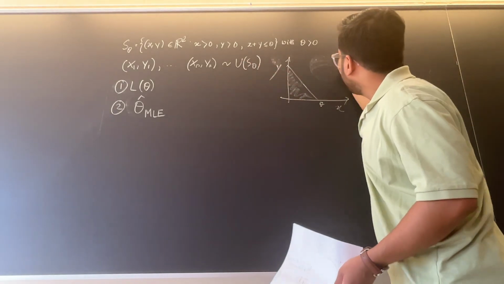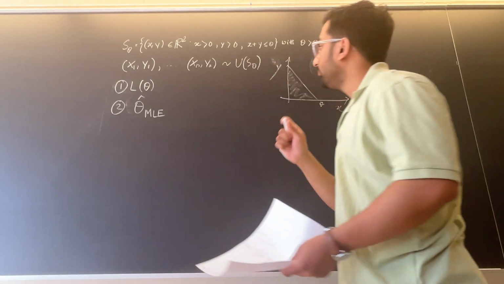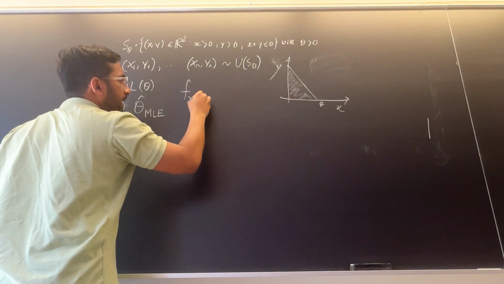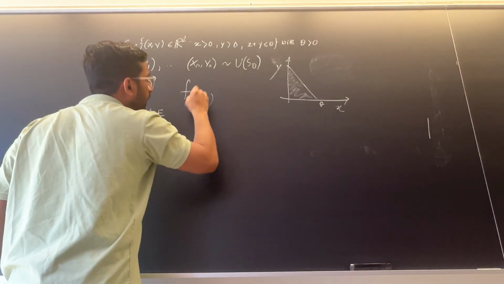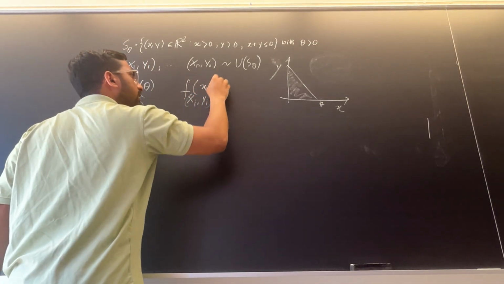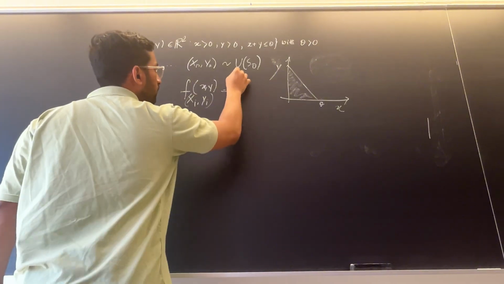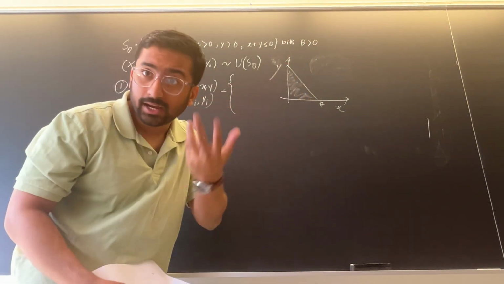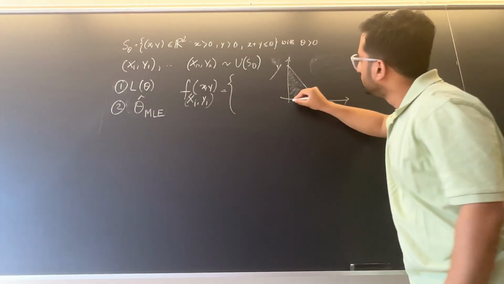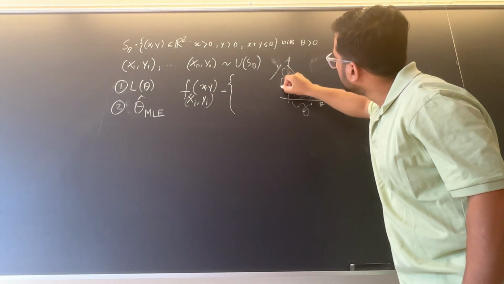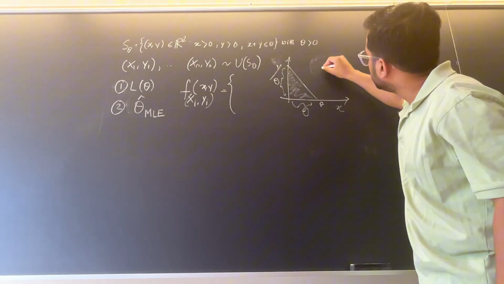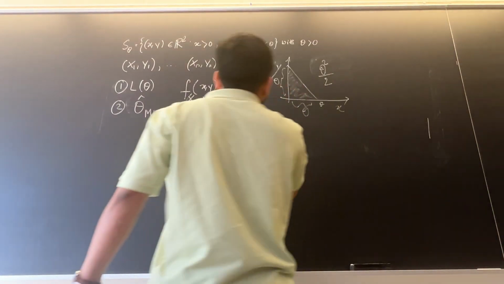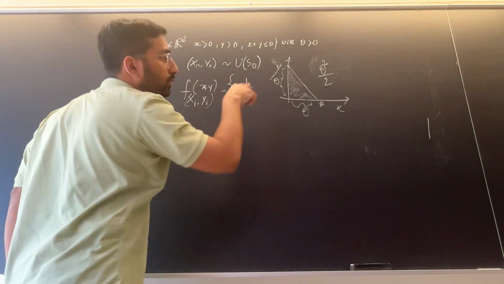So it will have the following density. f of (xi, yi), x comma y, will be equal to 1 by the area. So what is the area of it? This is theta, this is theta, so the area of it is theta squared by 2. So this will be 1 by the area, which is nothing but 2 by theta squared.